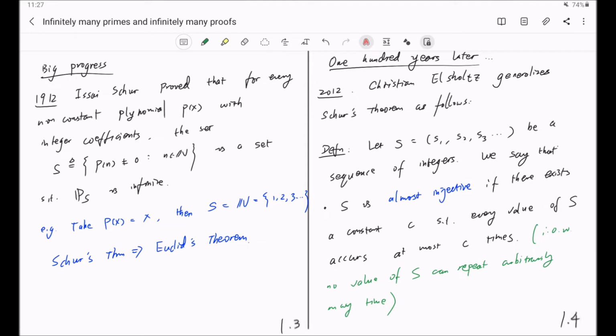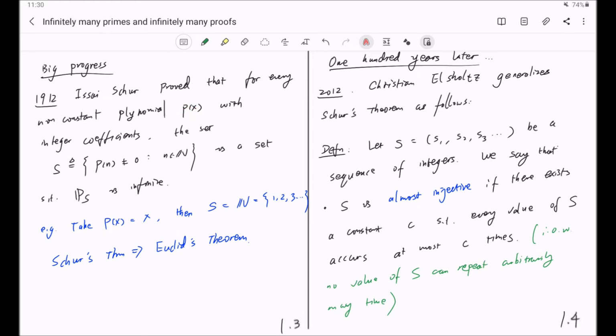That is because for any constant c, p of n equal to c only has finitely many solutions in terms of n. In this situation, every value of the set S occurs at most d times, where d is the degree of this polynomial.